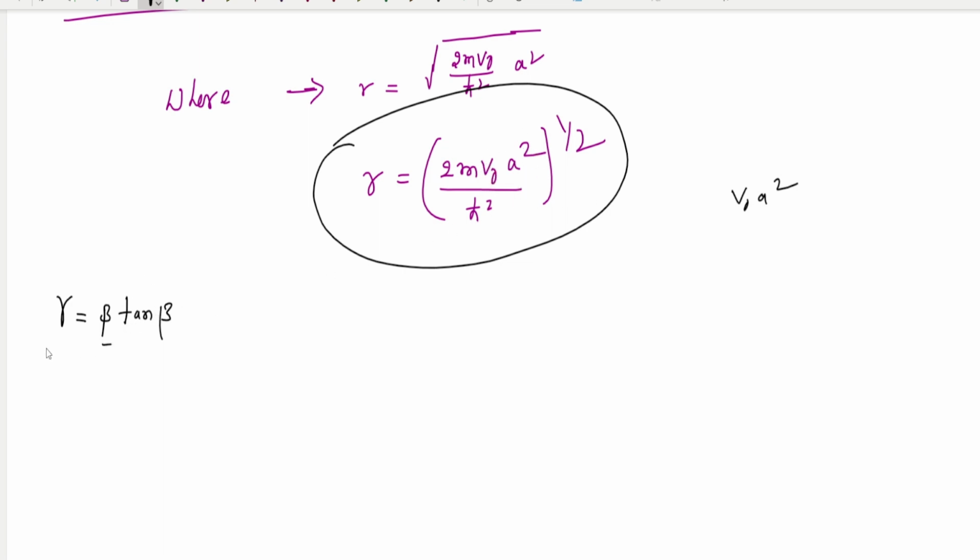As beta and gamma can have only positive values, the intersection of the two curves in the first quadrant gives the energy levels.